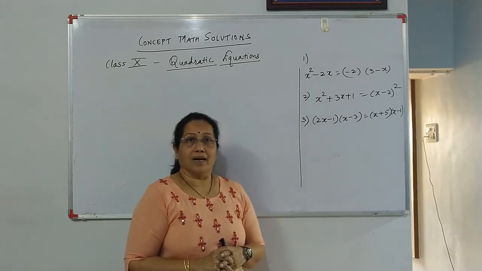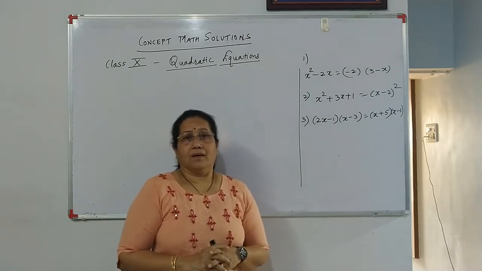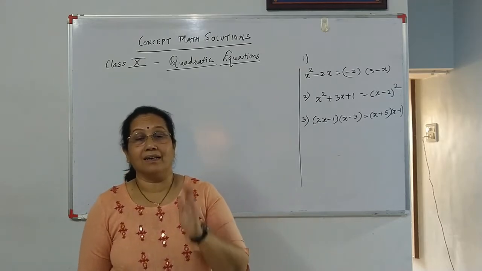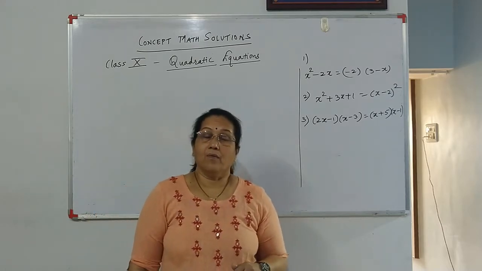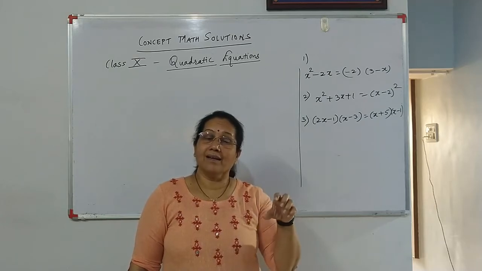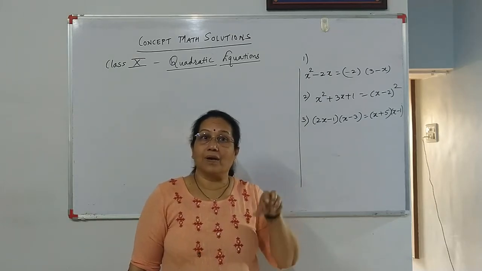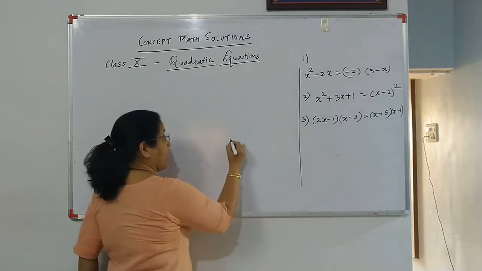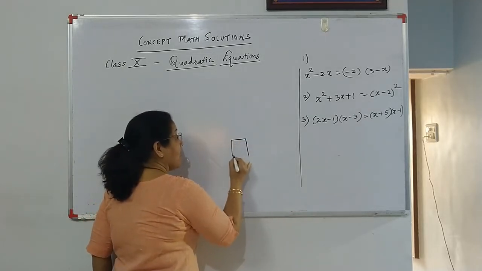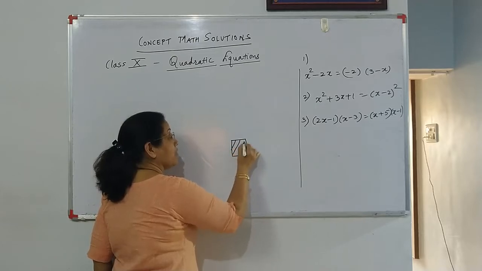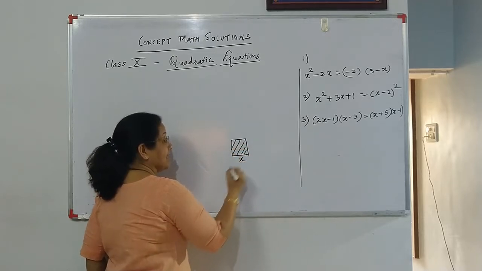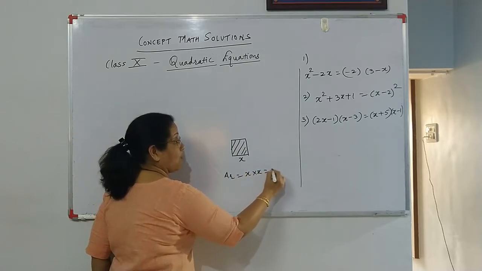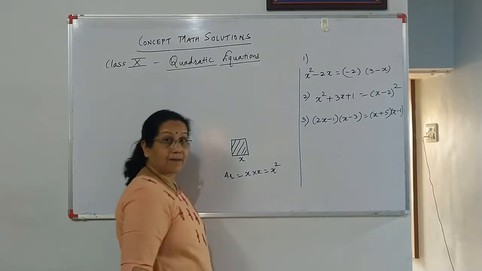The word quadratic is similar to the word quadrilateral. Now, from quadrilateral, the term quadratic is derived. A square is a quadrilateral, and if I have a square of side x, then its area is x into x, which we call x square.